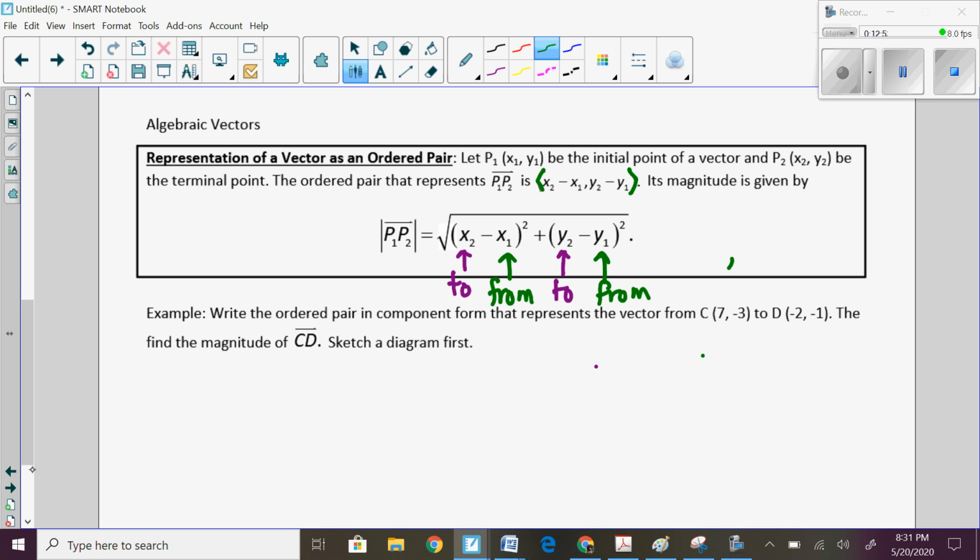So it says, write the ordered pair in component form that represents the vector from 7, -3 to -2, -1. So the first thing we're going to do is sketch a little diagram. So here's our diagram. We're going to plot these points. 7, -3. So we'll have the point 7, -3.